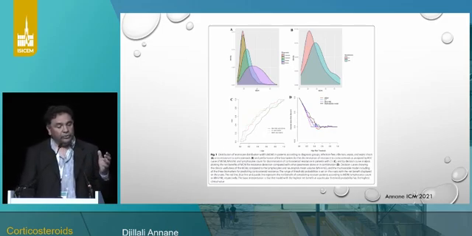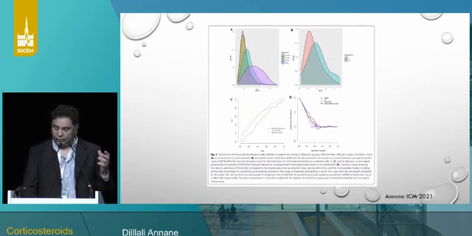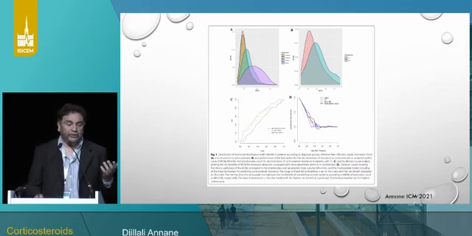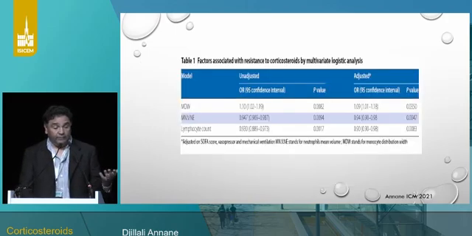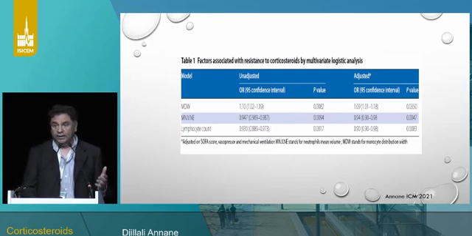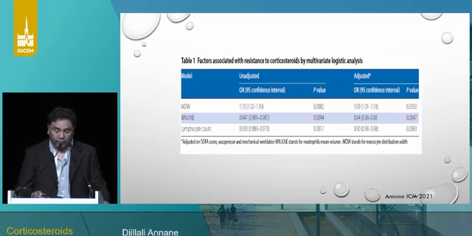What that work showed is that when this monocyte distribution width is more than 25, it indicates that the patient with sepsis or COVID-19 might be corticoresistant. And indeed, lymphopenia and the volume of neutrophils in this study were also strongly associated with corticoresistance.